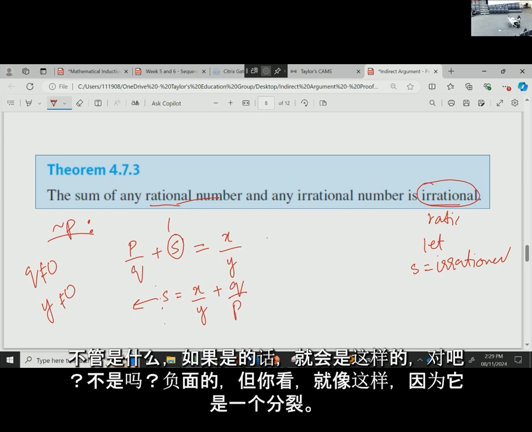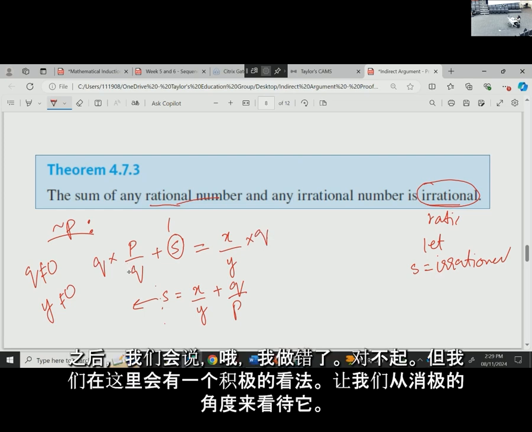Negative, but see, like this, because it's a division, and after that, we will have... Oh, I'm doing something wrong. Sorry. But we will have a positive over here. Let's look at it in terms of negative.